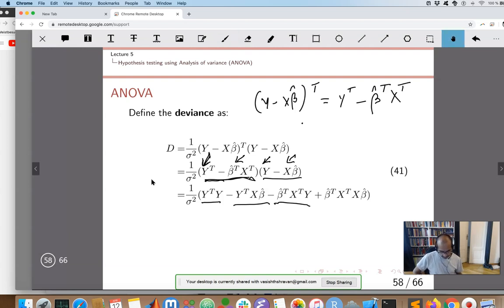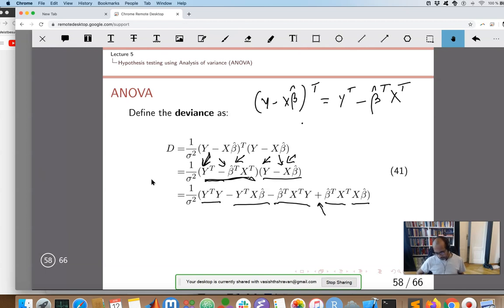Plus, I multiply this term with this term, and there are two negative signs, therefore I get a positive sign, and I end up with beta hat transpose x transpose multiplied with the second term x beta hat. Wow, that was quite a mouthful.